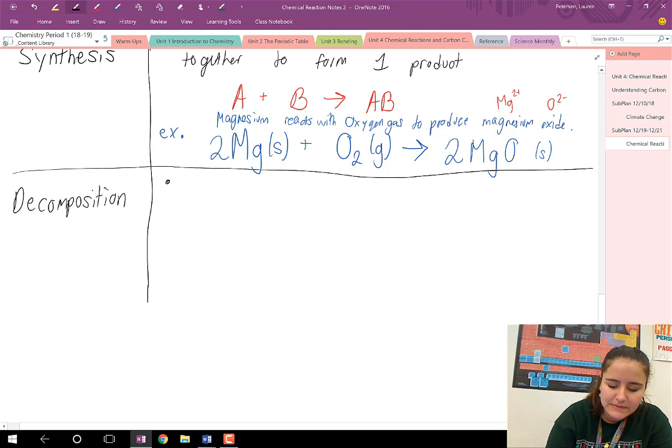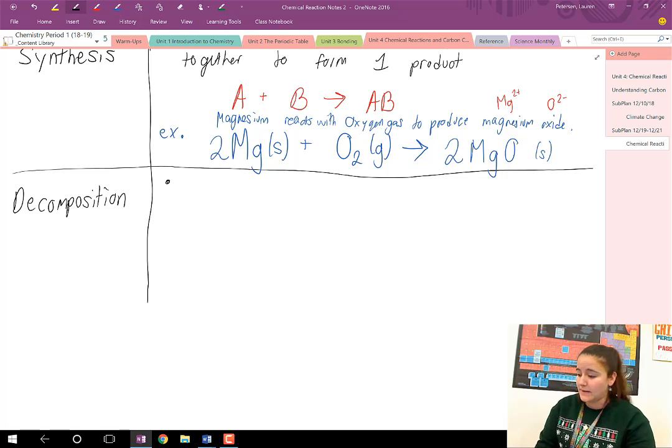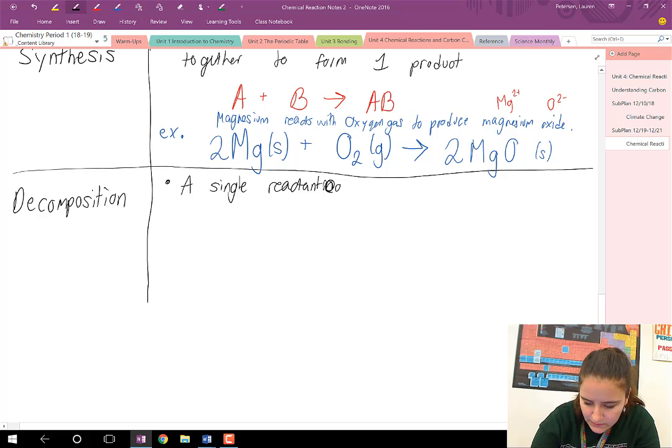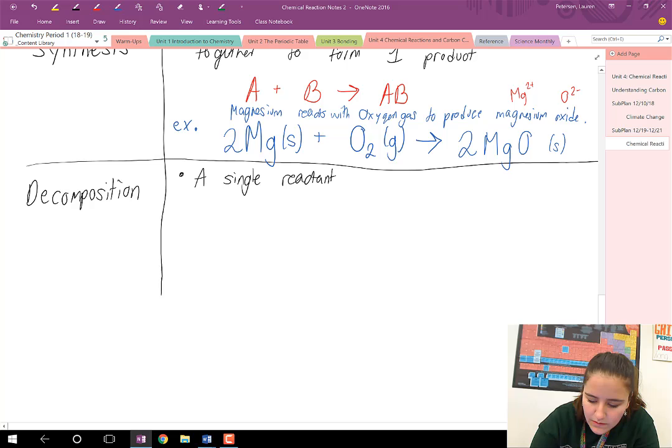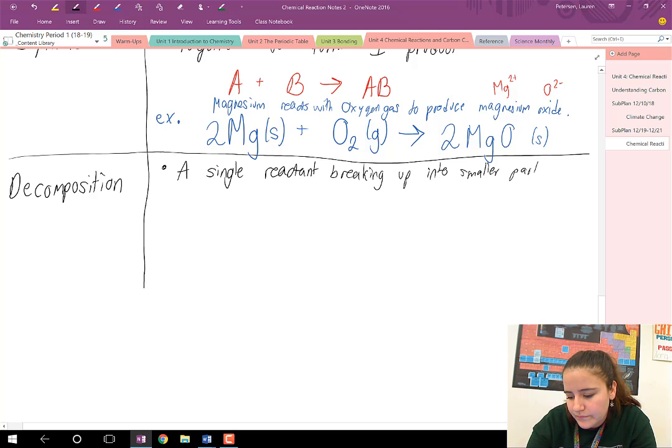A decomposition reaction is one where you have a single compound, a single reactant, breaking up into smaller parts.